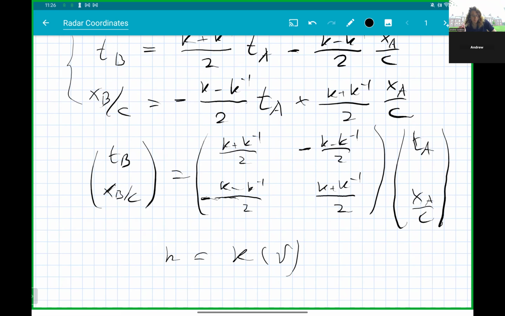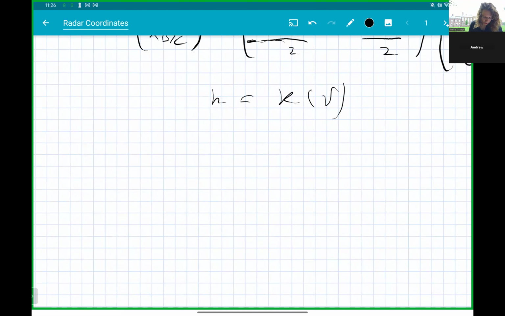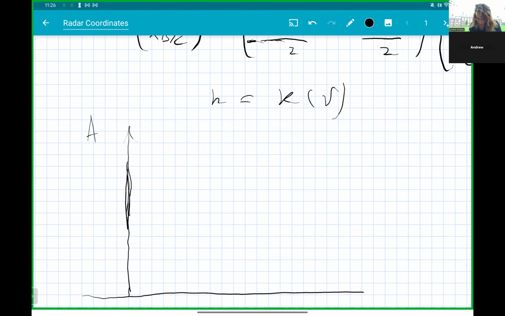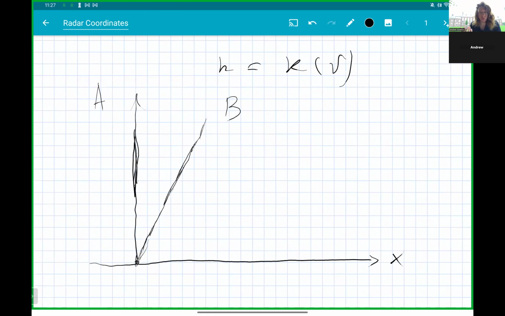How could we do it? So let's look again at this setup with Alice and Bob and see how Alice could measure the speed of Bob using radar. So they met at point 0, 0, right? And then they communicate using light rays.